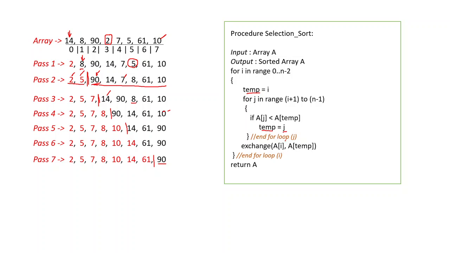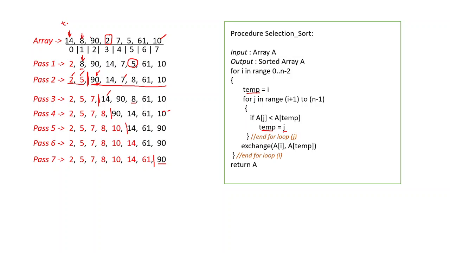index number J. Say for example, let us start from the first pass. So here is the value of temp. Temp is 14, this T is for temp. So temp is equal to 0. Now we start the loop from J, which is position number 1, that is 0 plus 1.